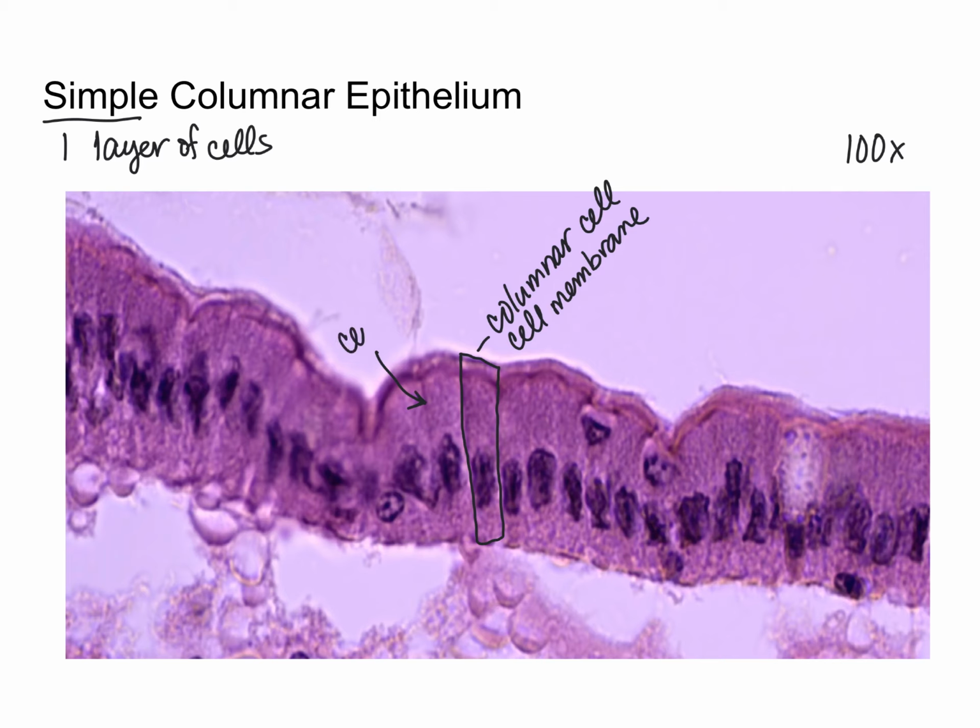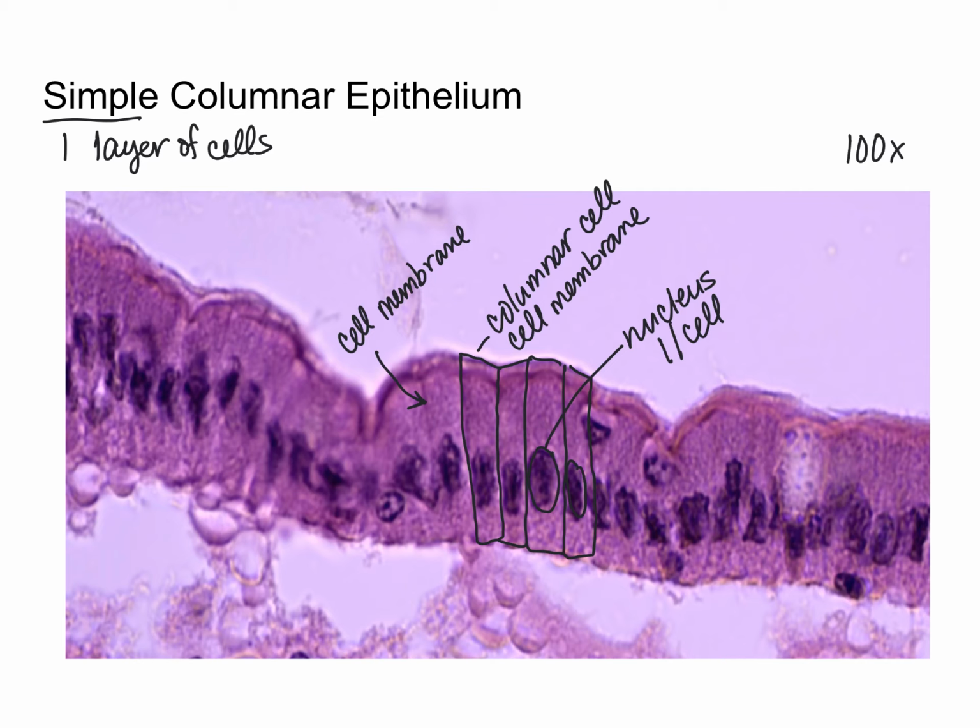So that line would be the cell membrane of that particular cell. And then these dark circles down here, each one of these is a nucleus. When it comes to epithelial tissue, we typically have one nucleus per cell. So basically, each one of these is representing a cell. And then we could use our imagination to draw the column shape around it.